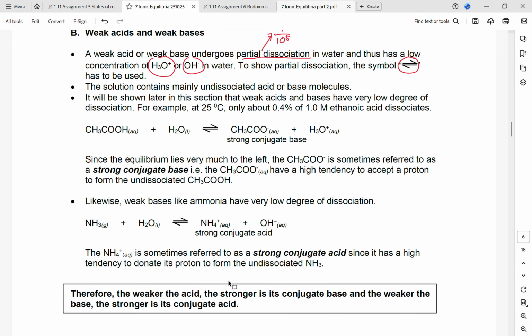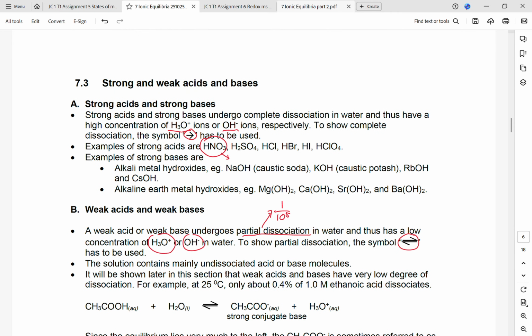Okay, so let's talk about HCl. If HCl is dissociated, it will become H plus and Cl minus. Or we can also write it like this: H2O plus HCl gives H3O plus and Cl minus.